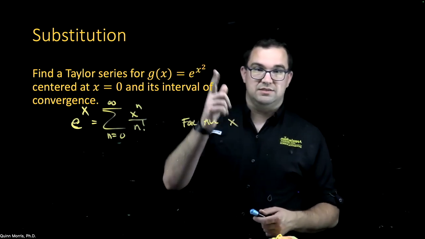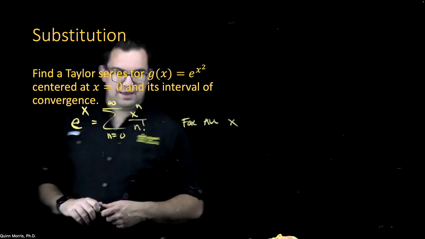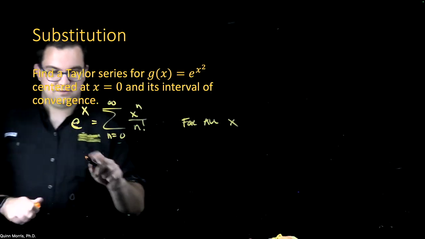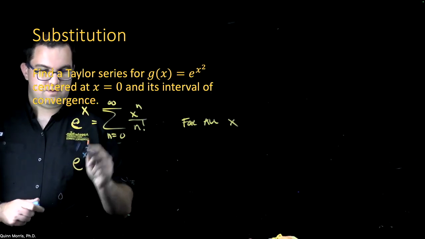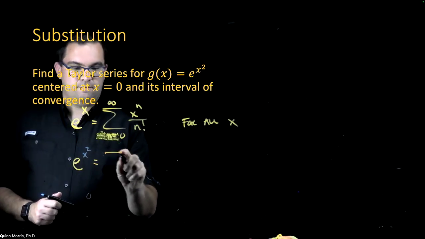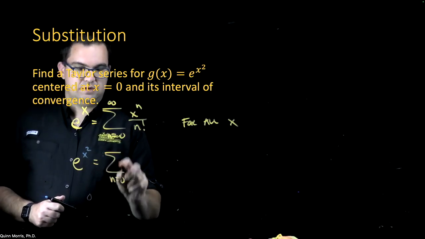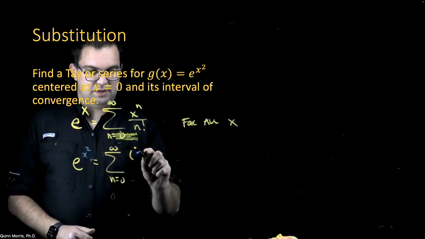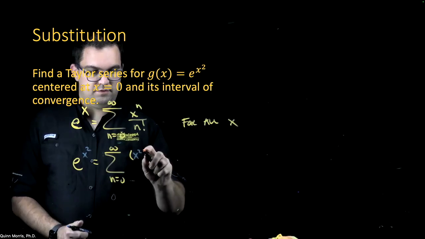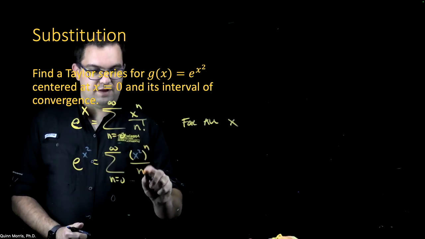Now I just really need to make the substitution. So I'm going to substitute in x squared everywhere I see x. Then e to the x squared will be the sum n equals 0 to infinity, and for x, I'll substitute in x squared to the n over n factorial.